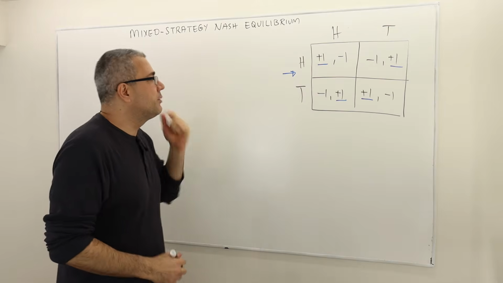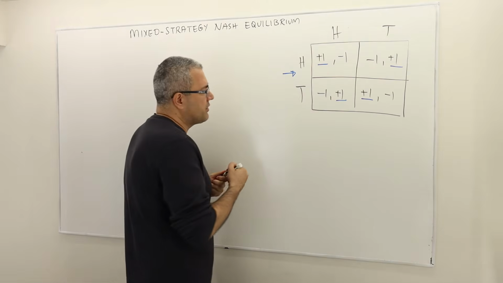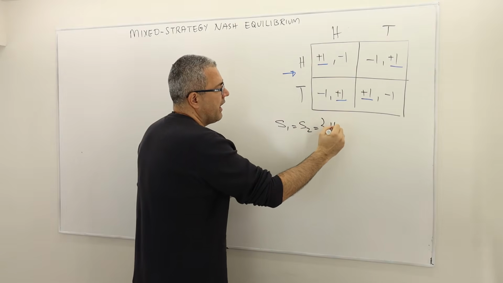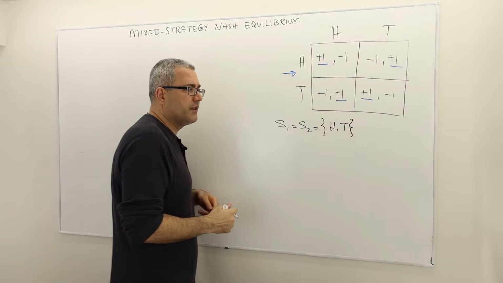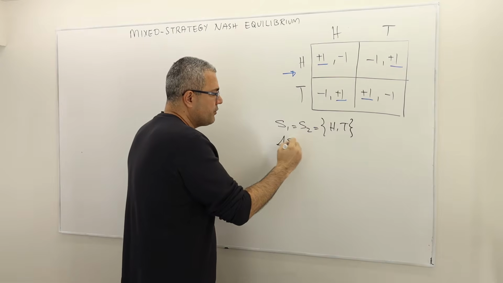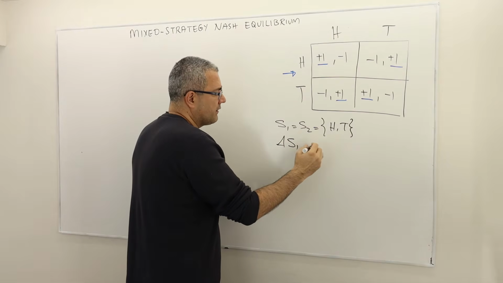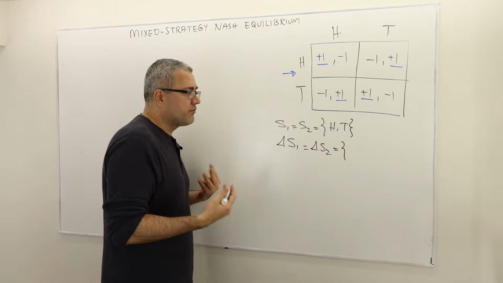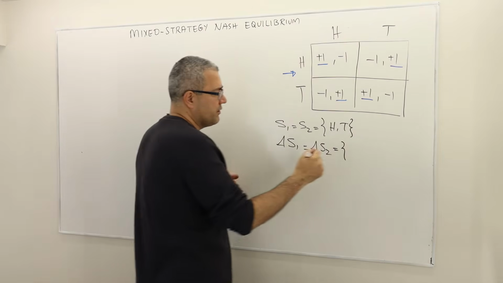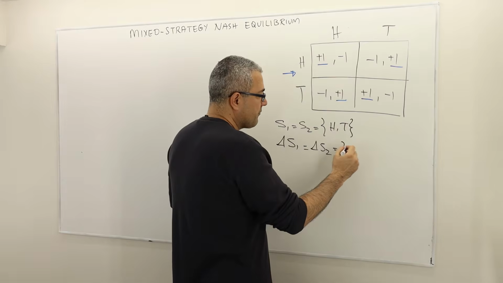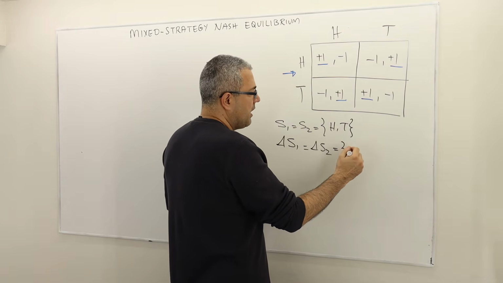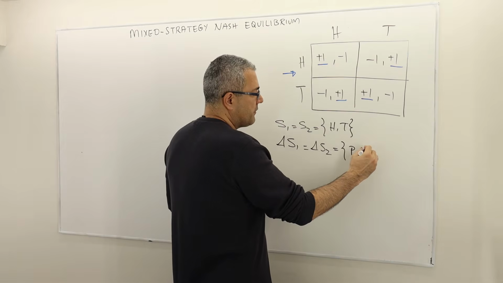That means, well, what if the players are not allowed to choose a strategy from S1, S2, which is head, tail, right? These are pure strategies. But instead, we let them choose from this set, delta S1, delta S2, which is basically a simplex. Remember the definition of mixed strategies. So it's basically some probability distribution, (P, 1 minus P).